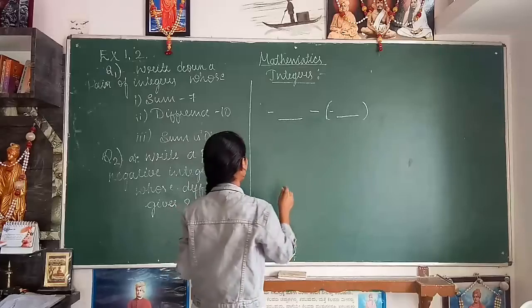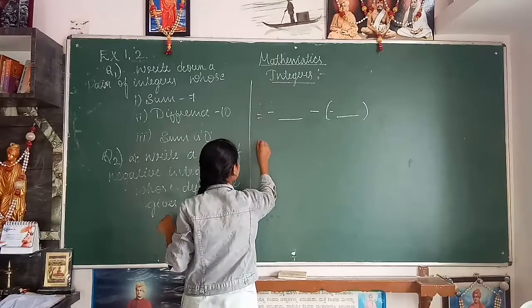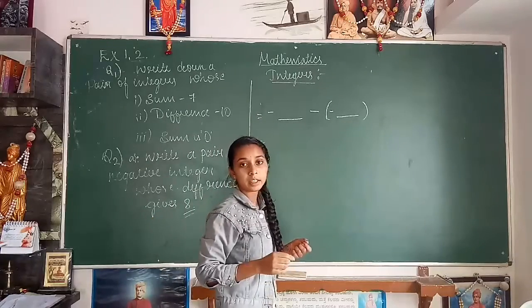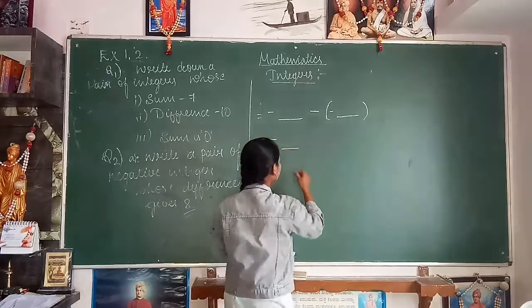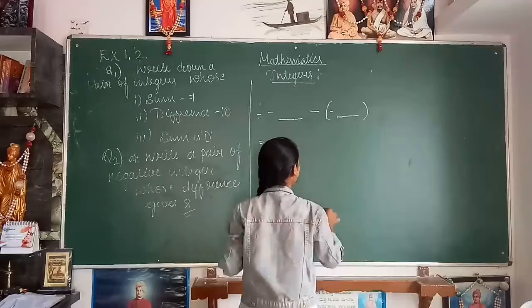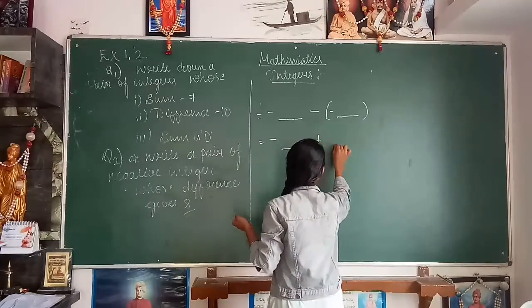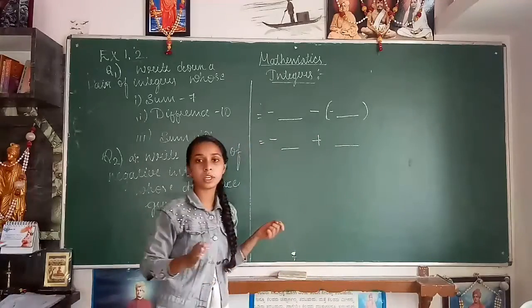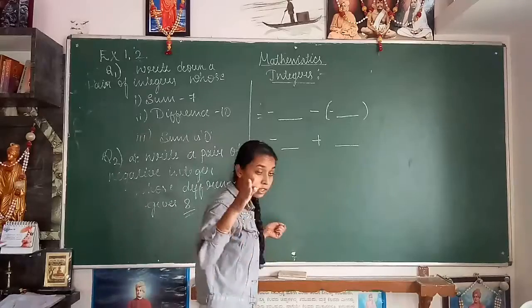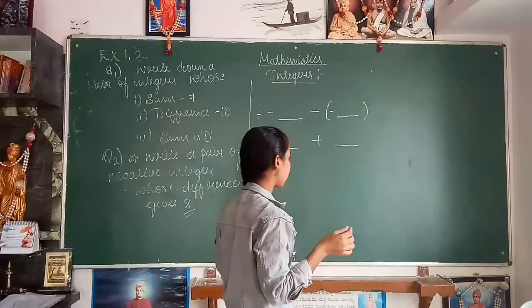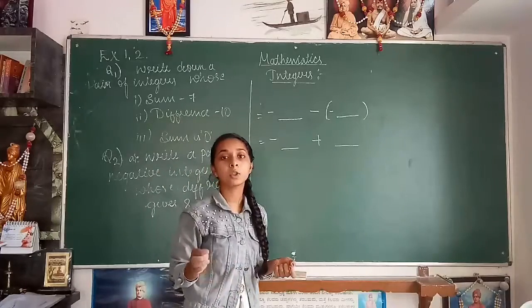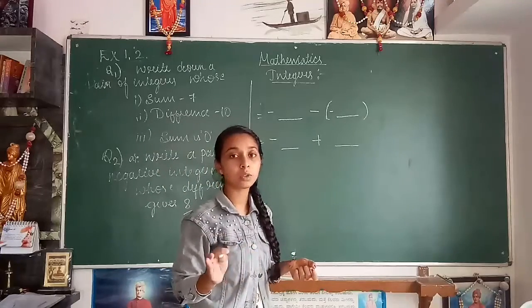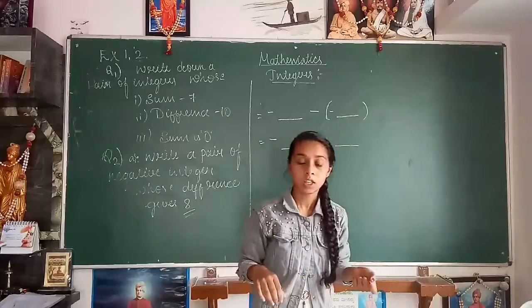The answer should be a difference of 8. So minus into minus is plus. Now we take one negative integer and another also a negative integer. For example, to get a difference of 8, we take two negative integers.